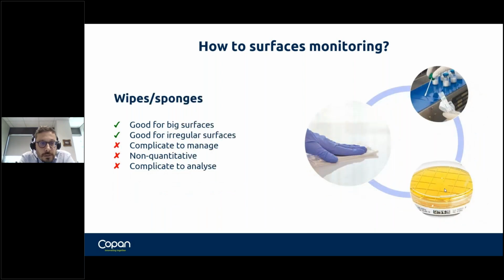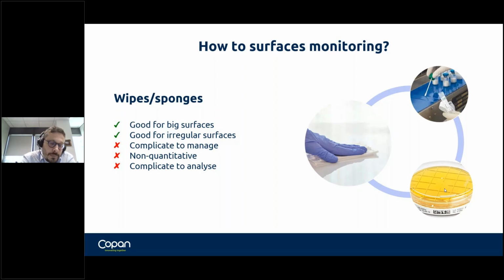Moving to wipes or sponges, they are probably the best way to collect a sample from big surfaces. You can use them, without any doubt, for collecting a sample from irregular surfaces.